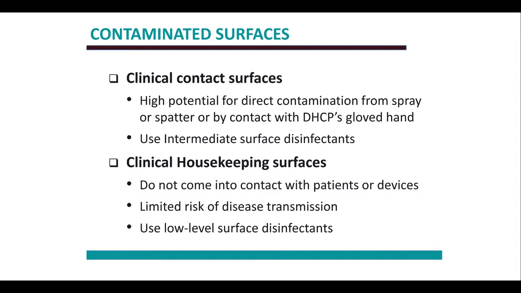And then we have the clinical housekeeping surfaces, which just means the floors, the walls, things that do not come into contact with patients or devices. They have limited risk of disease transmission, and typically we're going to use low-level surface disinfectants there.